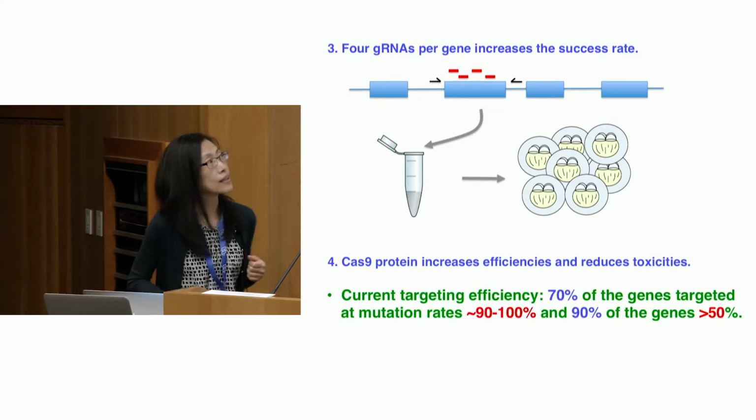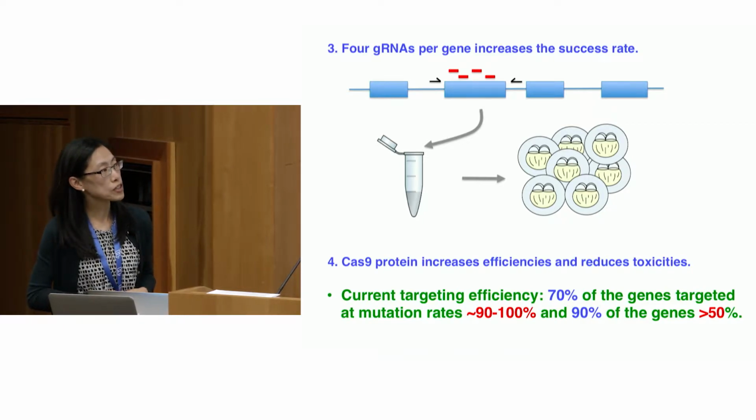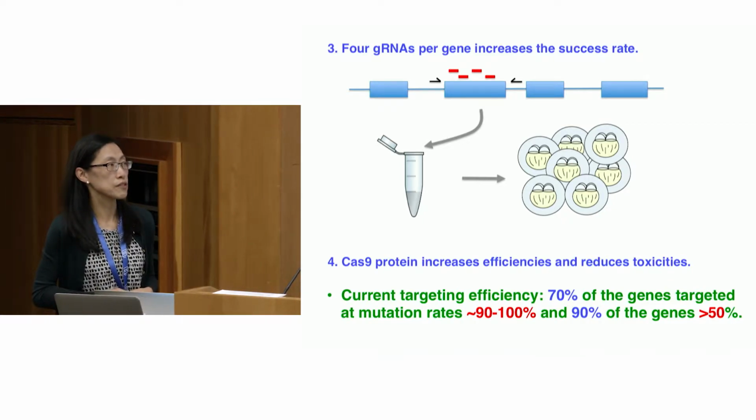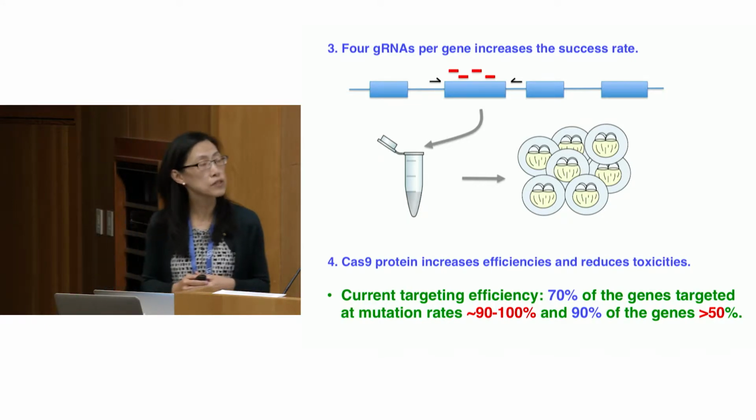So using this platform, our current targeting efficiency, for 70% of the genes we targeted, we can reach mutation efficiencies between 90 to 100%. And for 90% of the genes, we can reach above 50% mutation efficiency.